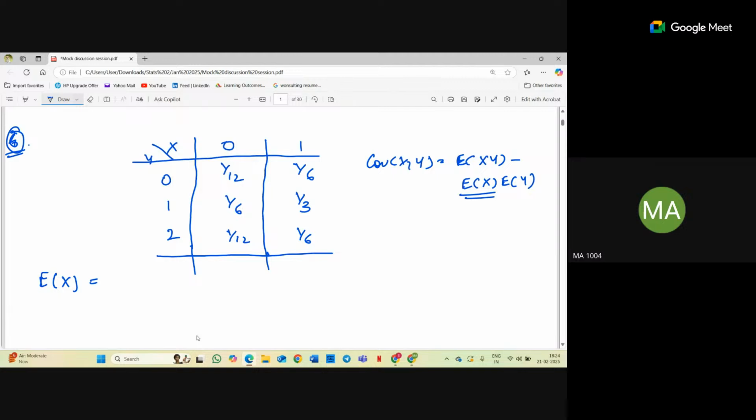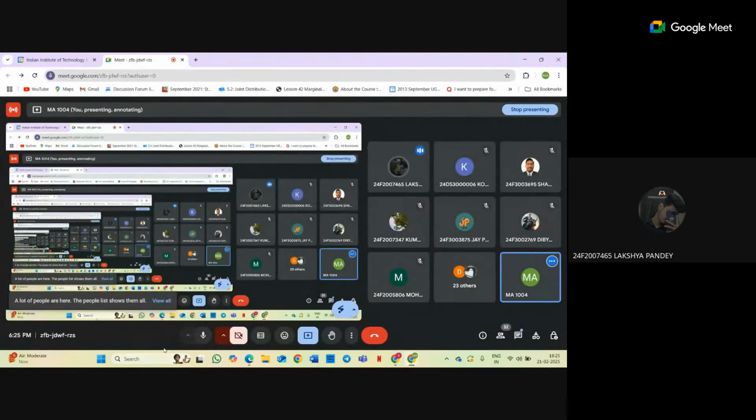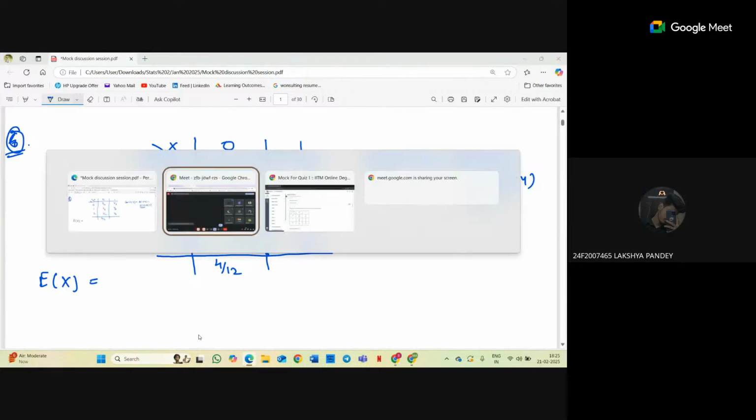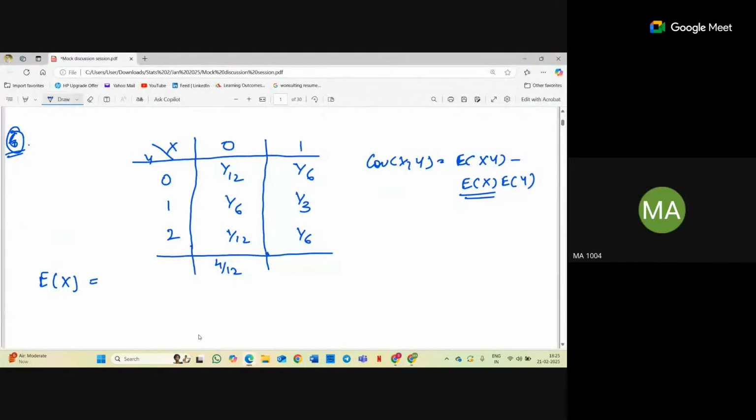When x equals 0, the total is 4 by 12. Then for x equals 1, the total is 4 by 6, that is 8 by 12.